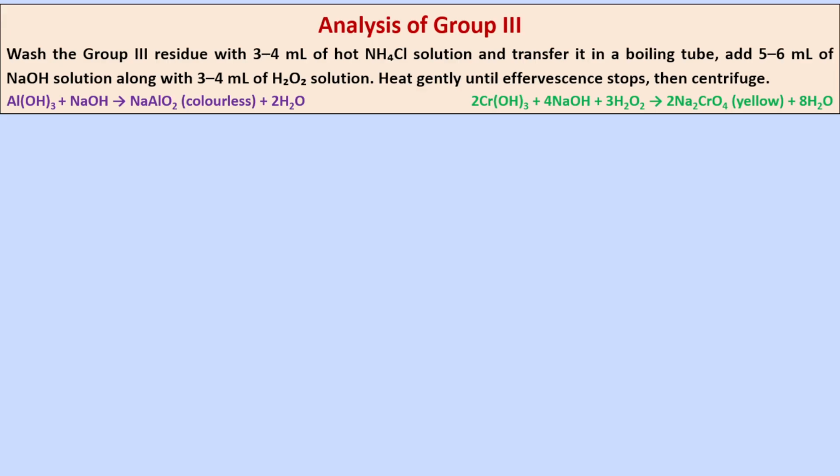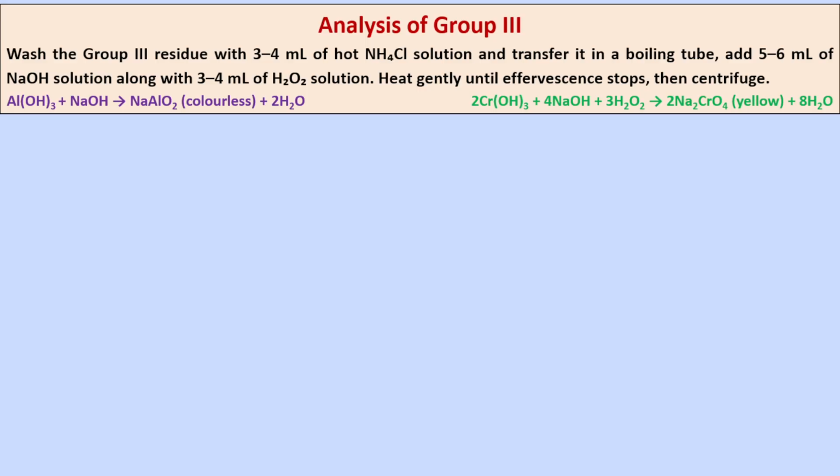Scheme for analysis of group 3 cations. To begin the analysis of group 3 cations, the previously obtained precipitate containing hydroxides of iron, aluminium and chromium is first washed with 3 to 4 ml of hot ammonium chloride solution. It is then transferred into a boiling tube.